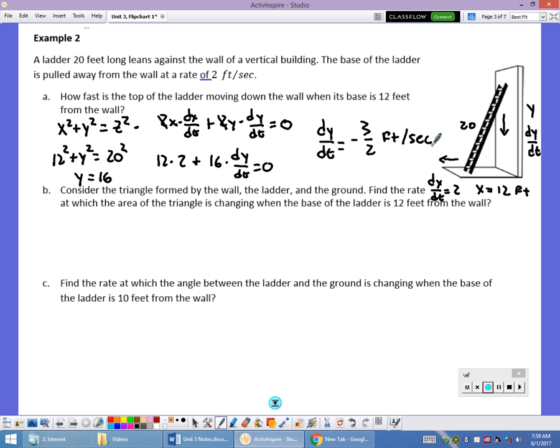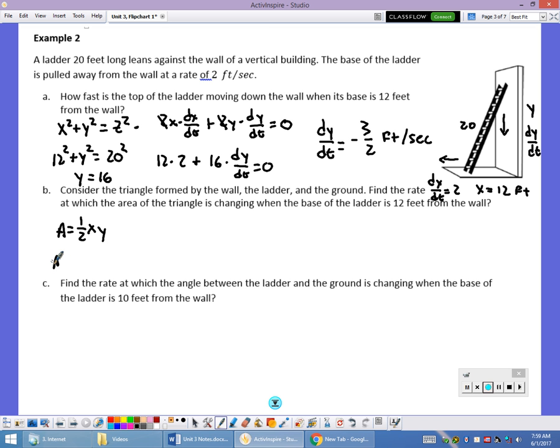In the second part, we're looking at the triangle that's formed by the ladder, the wall, and the base, and we're looking at the change of the area of that relationship. So area is 1/2 of x times y in my drawing. When I take the derivative of that, all these variables are changing, so I have to use product rule.